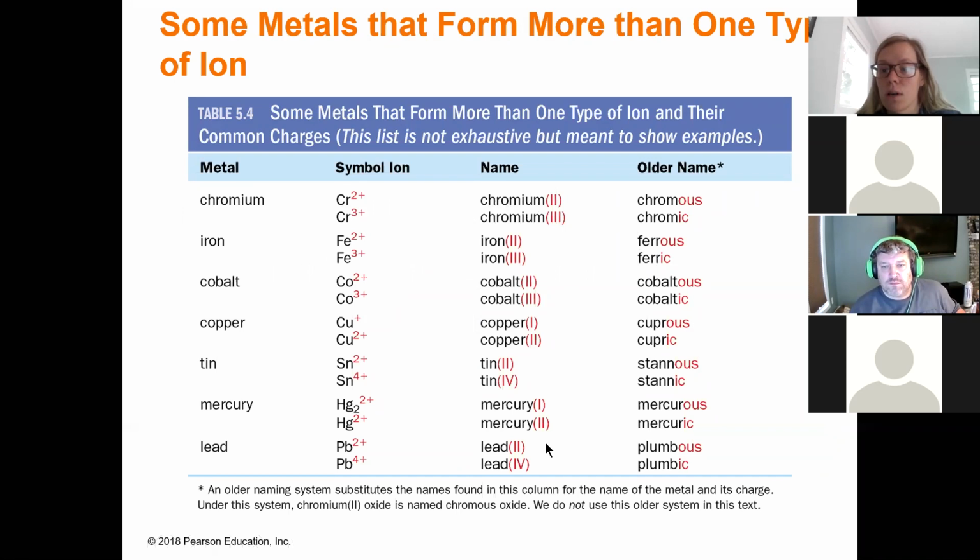The 2 is the extra piece of information that lets you know that we're dealing with chromium with a 2+ charge. Chromium with a 3+ charge is called chromium 3. If we go down to tin here, tin with a 2+ charge is tin Roman numeral 2. Tin with a 4+ charge is tin Roman numeral 4. So you have to add a Roman numeral to let the reader know which charge you're dealing with.